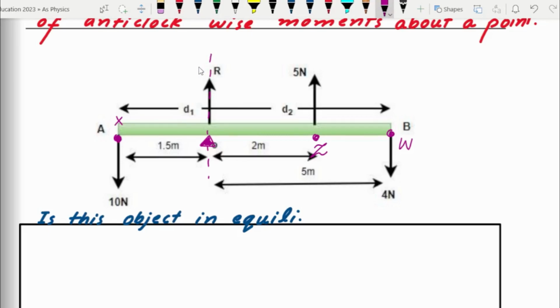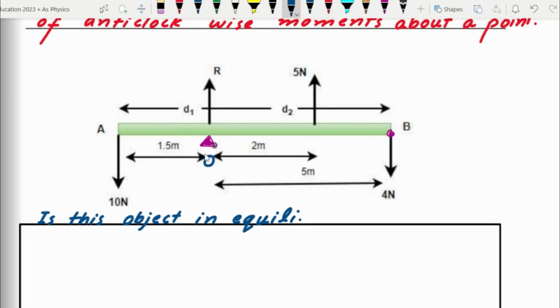Because if this force produced a moment, then we would need to find it, and the problem is that to find the moment of force you need to apply the formula force times perpendicular distance, but the value of this force is not given. We don't know how many newtons it is. So we take this point as the pivot so that this force cannot produce a moment of force. The remaining three forces would produce the moment of force, and we will calculate that.